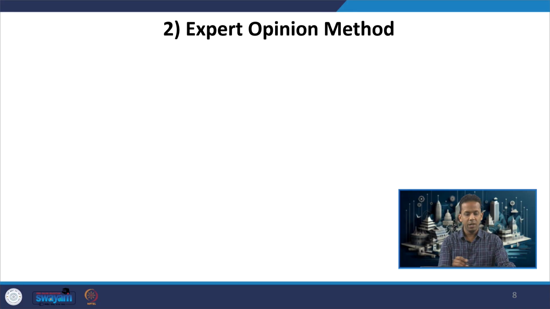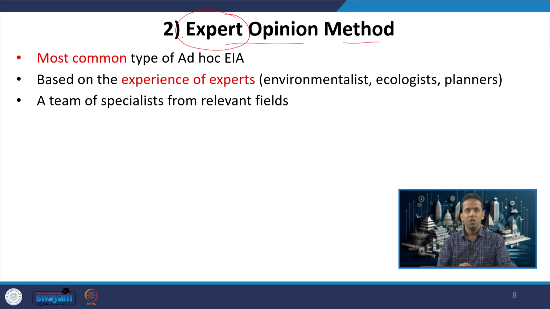Second was the expert opinion method. It is similar to the first method that we saw, that is opinion poll. The only difference is the word expert. It is also a common type of ad hoc EIA, and as scientists and technologists, or people working in these areas, we would prefer to go with the expert opinion rather than the opinion of common stakeholders.